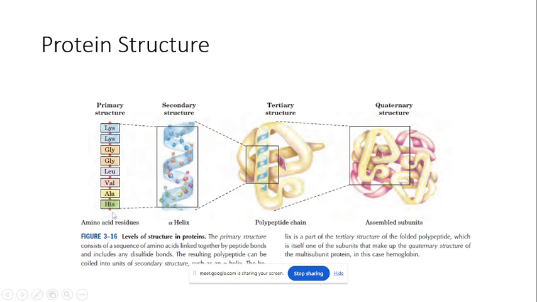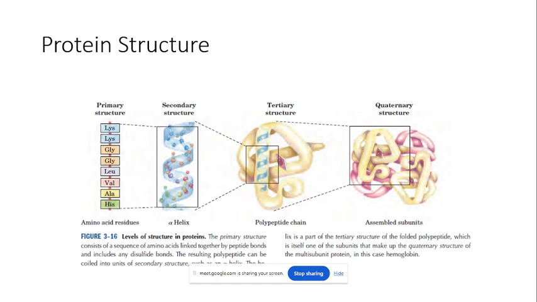Within this polypeptide chain, when these amino acids interact with each other and take a shape, that shape is called secondary structure. Examples of secondary structures are alpha helix, beta sheet, and beta turn, which we will discuss in detail.